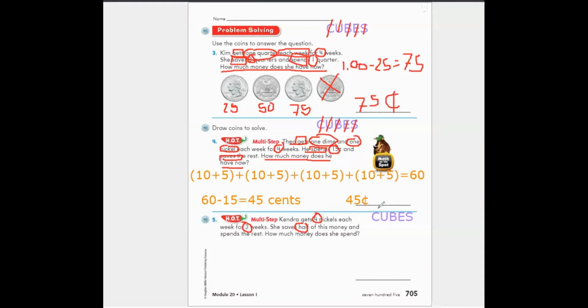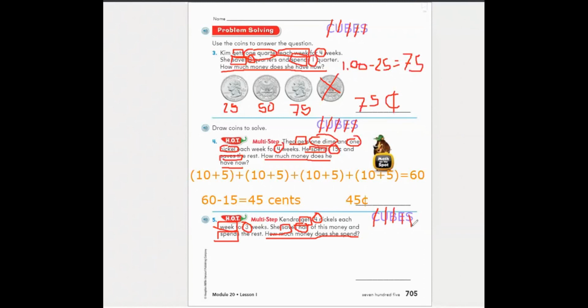So you have to be careful with that. Circle the numbers, then underline the question. How much money does she spend? Box the keywords. Gets 4 nickels each week for 3 weeks. She saves half of her money and spends the rest.